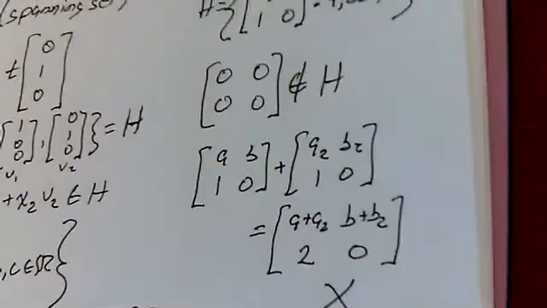Now, another thing that could happen is you can look at odd numbers and even numbers. Let's say H is equal to 2A, 2B, and 2C.